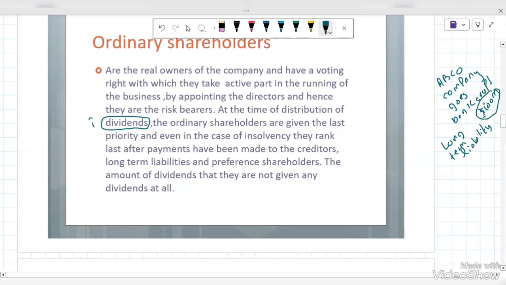So what will the company do? The company will sell its possessions, maybe their vehicles and offices and other possessions.